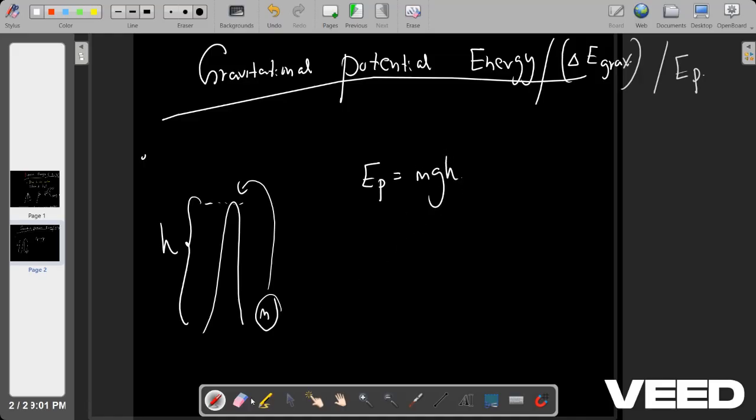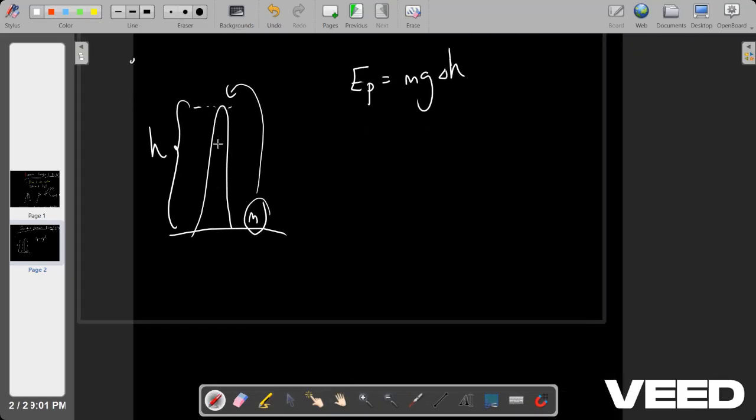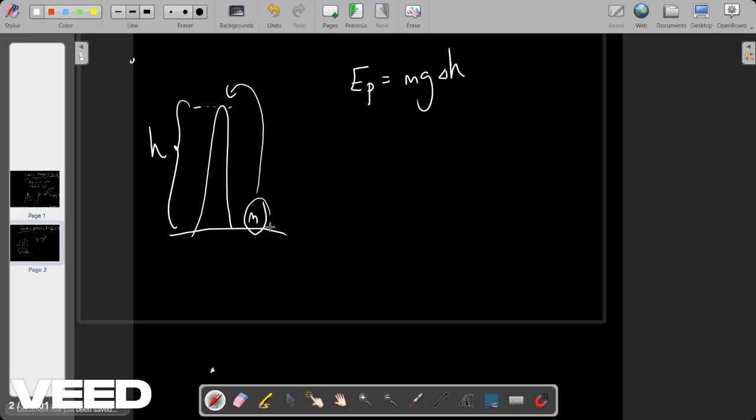Here h means we are actually calling it a change in potential energy. Why? Even when it was on the ground it has some potential energy. Remember why? The gravitational attraction is coming from the center of the earth. So even when we are at the surface of the earth, there's potential energy stored in us.